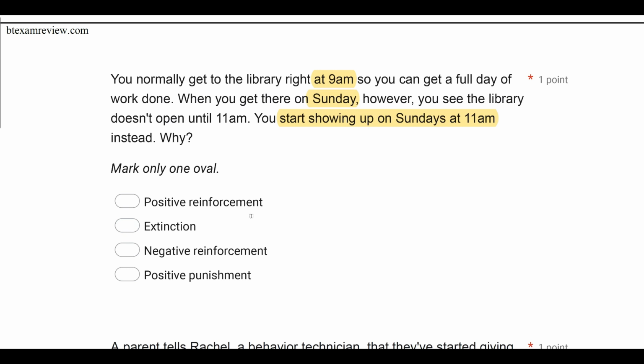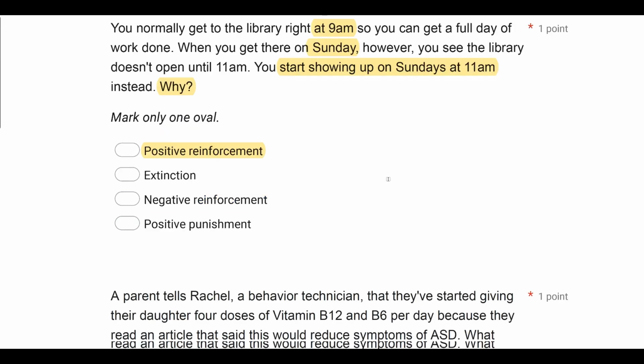You get to get work done. So pretty tricky question, but you start showing up on Sundays at 11 a.m. instead because of positive reinforcement. You got to read very carefully and make sure you're answering what the question is asking, right? So not just what you read first, but what is the question specifically asking about?